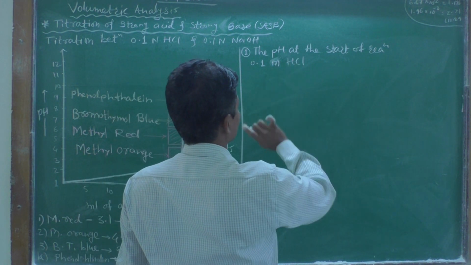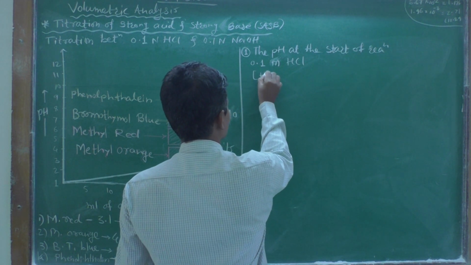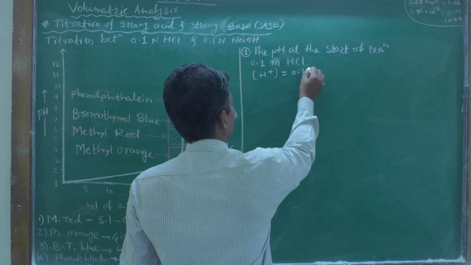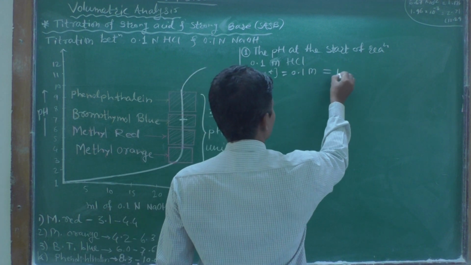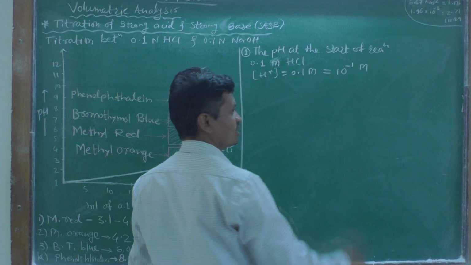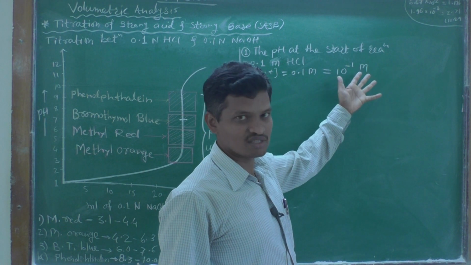So this is the concentration of H plus ion. H plus ion concentration is nothing but 0.1 molar, that is equal to 10 raised to minus 1 molar. This 0.1 molar is nothing but 10 raised to minus 1. This is known to us now.